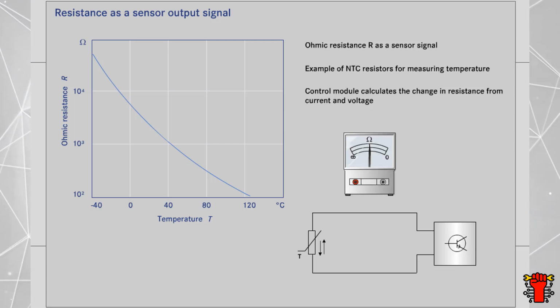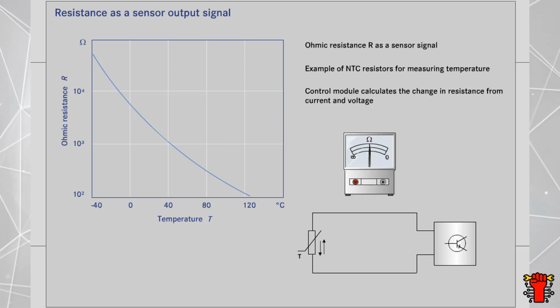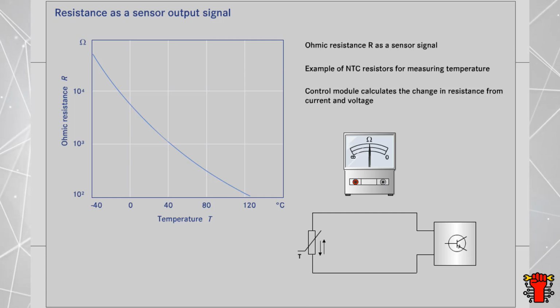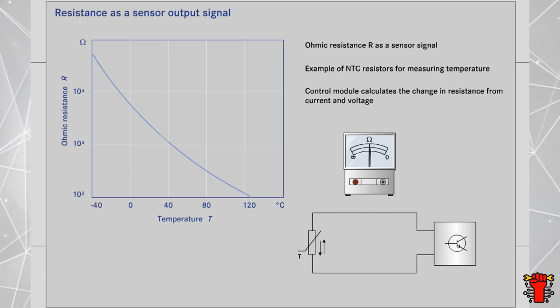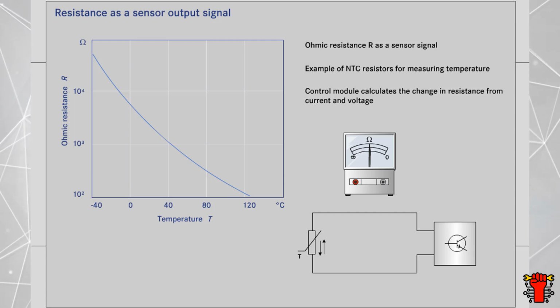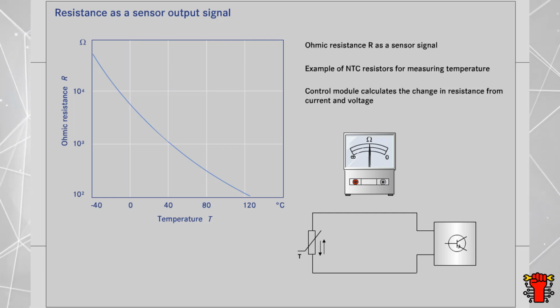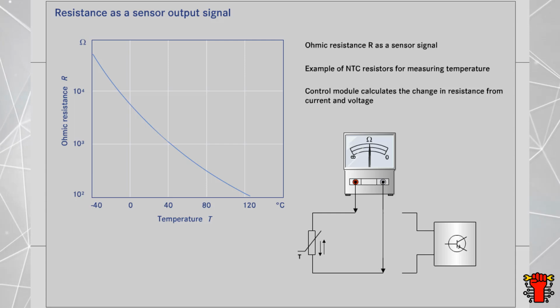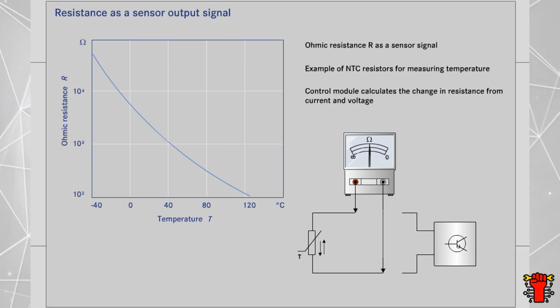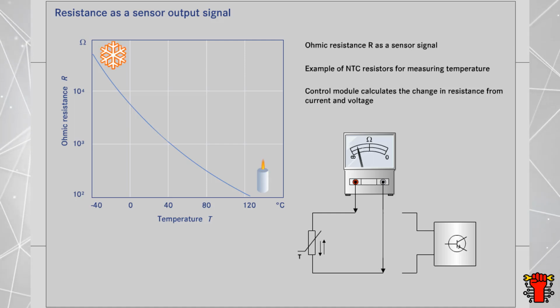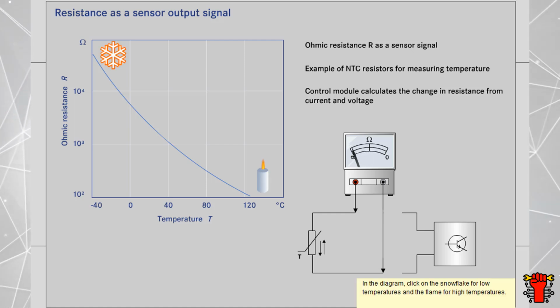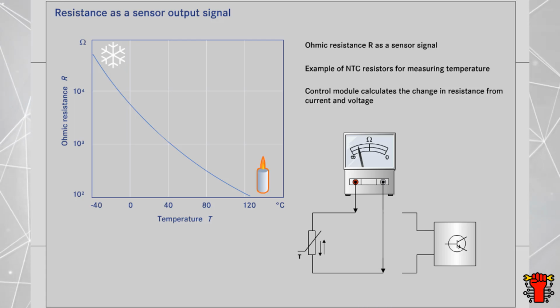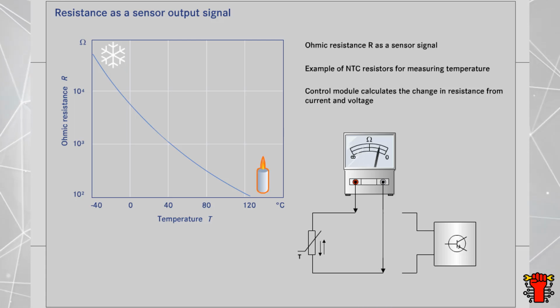In a similar way, the resistance can also be measured separately with the ohm meter. This is done by splicing the lines on both sides or removing the NTC resistor. A measuring current, fed by the battery voltage of the ohm meter, now flows through the NTC resistor. At low temperatures, the resistance is high. At high temperatures, the resistance drops.